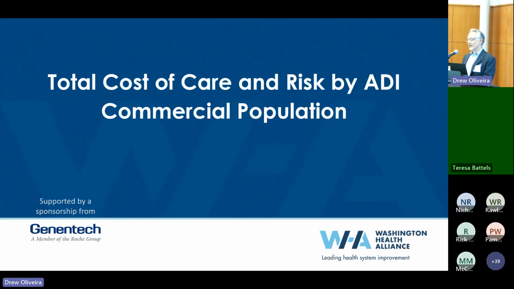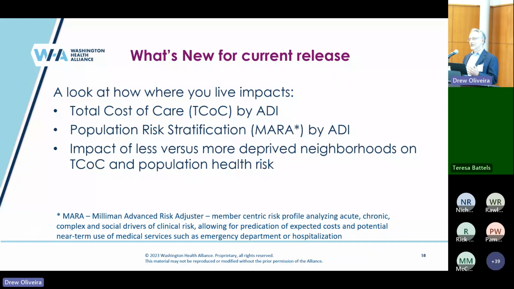Now let's look at what happens with risk and total cost when we apply ADI. We're going to look mostly right now at the commercial population. We're using a population risk tool out of Milliman, the Milliman Advanced Risk Adjuster. We've used that for a number of years as a way to risk adjust our population.